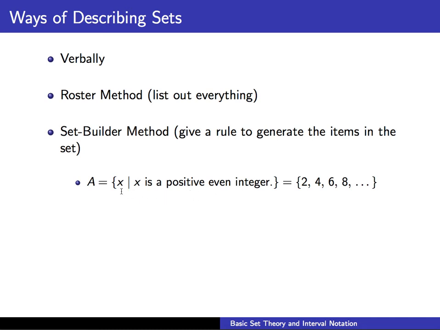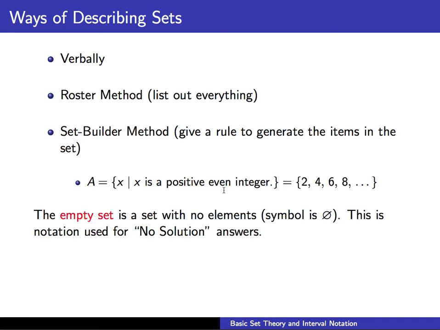So all the numbers that we're going to consider as part of this group, which we're going to label with A, we can label it any letter we like, but we're going to have all the positive even integers. So 2, 4, 6, 8, 10, 12, 14. We'll know that, for instance, a negative number doesn't belong in here because it has to be positive. A decimal doesn't belong in here because it has to be an integer. And an odd number doesn't belong in here because it has to be even as well.